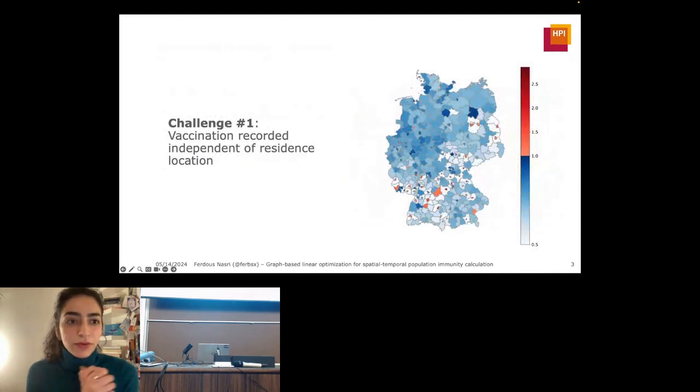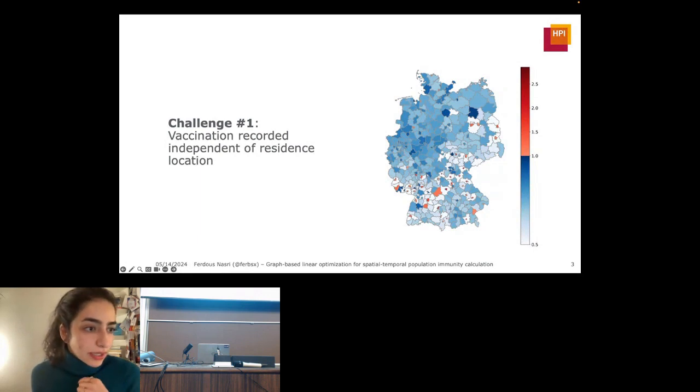So the first and the biggest challenge we had was dealing with the vaccination records and the data that we were receiving, since it was recorded independent of the residence location. We got the vaccinations based on where vaccinations were registered, and that comes from where they were administered.